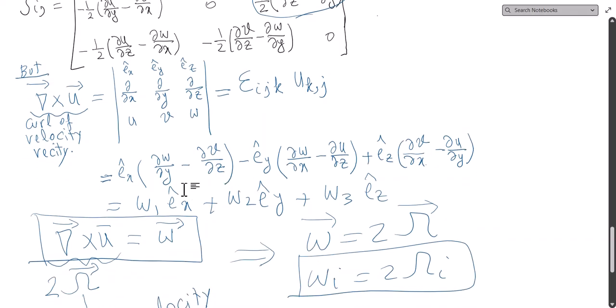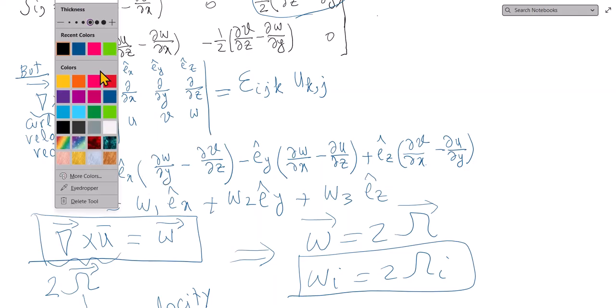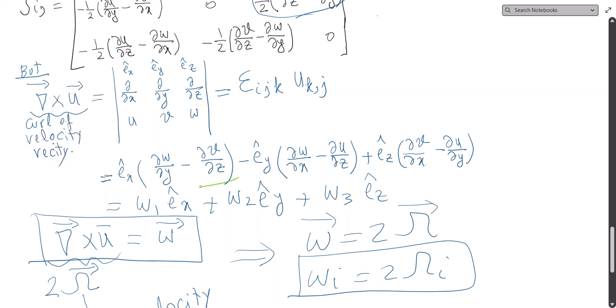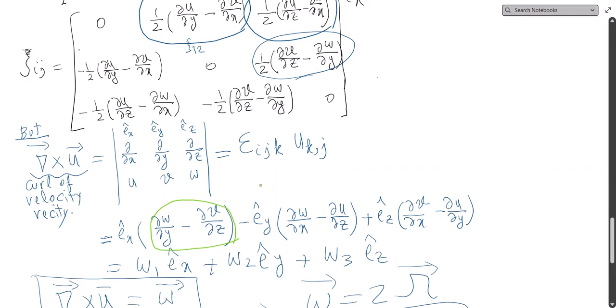Now let's look at this one, for example. Let me maybe highlight this with green here, this term. If you go back to the elements of this antisymmetric C_ij, you will see that you have this element here. Of course, divide by 2, but this is with the minus sign. Of course, it is here.